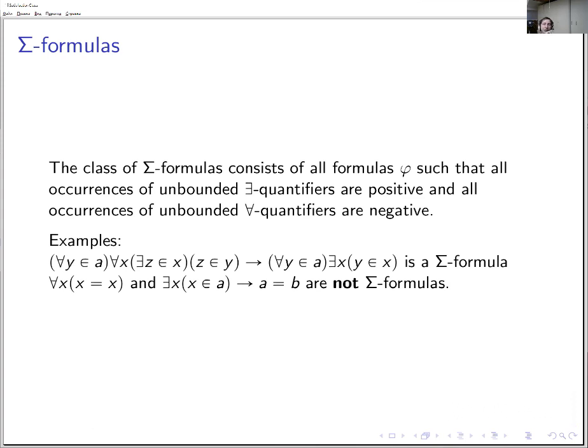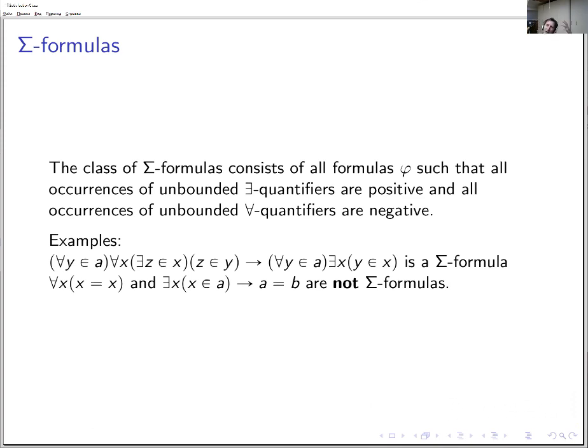Sigma formulas are formulas where we allow arbitrary propositional connectives and arbitrary bounded quantifiers. However, for unbounded quantifiers, in positive positions we are allowed to use only existential quantifiers, and in negative positions only universal quantifiers. So in a sense, this is a generalization of sigma 1.